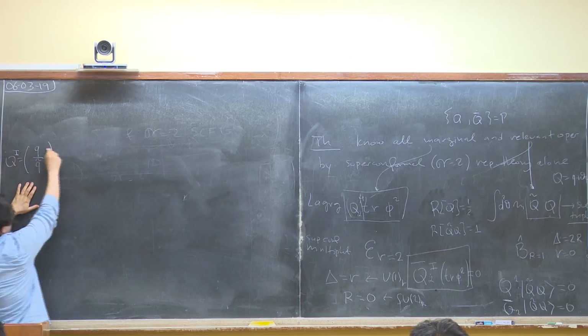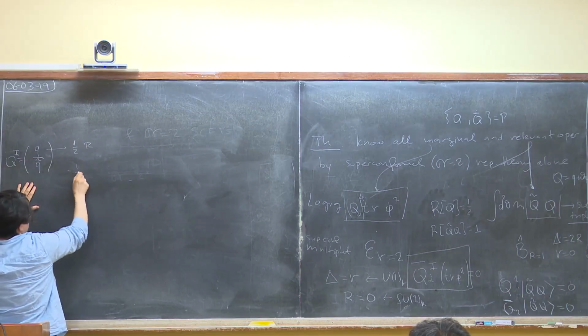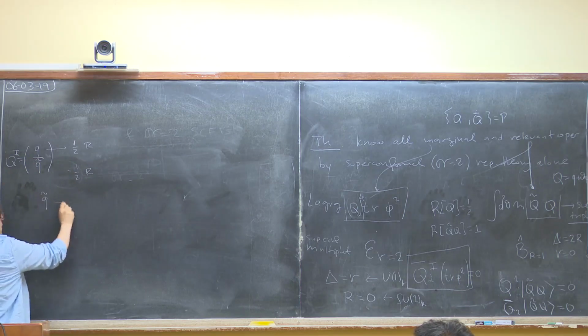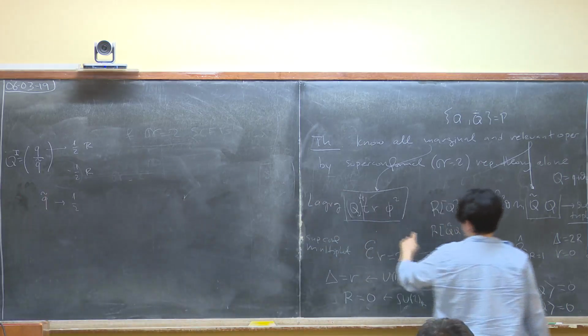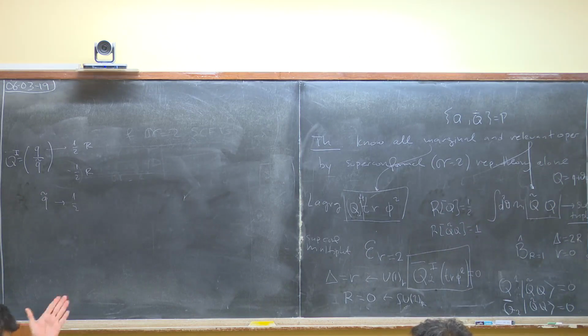So this means that this gadget has a half R, and this has minus a half R. But then Q tilde has also half. So when I put them together, I get 1. Good. So there's a multiplet formed from the bilinears of this, that is, it's spin 1 of SU2. And the primary has delta equals 2R.